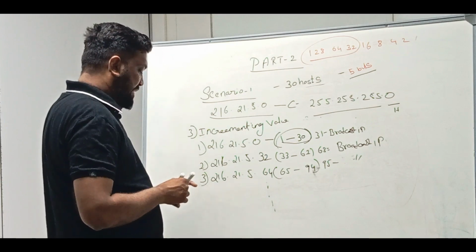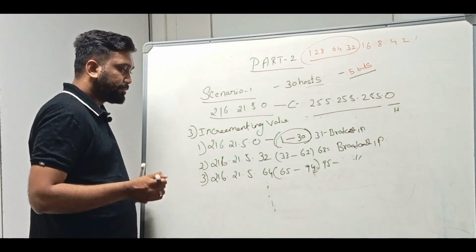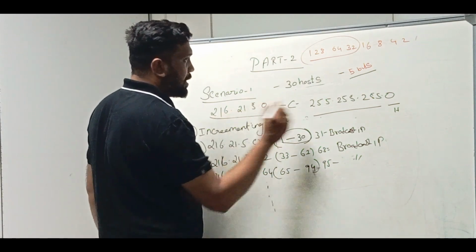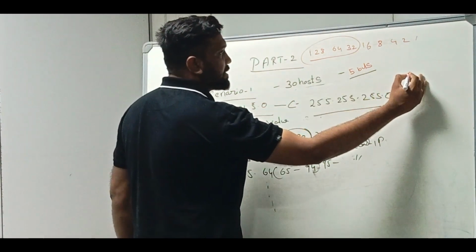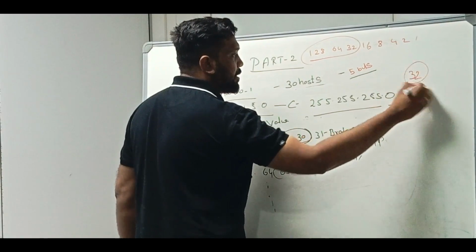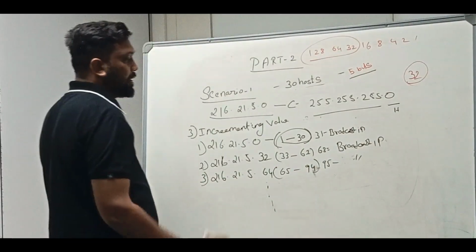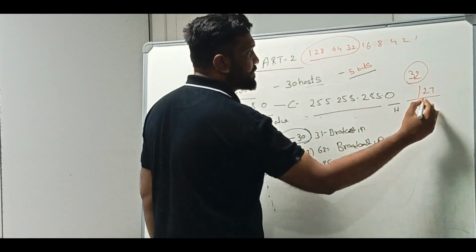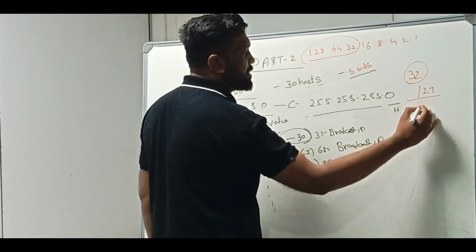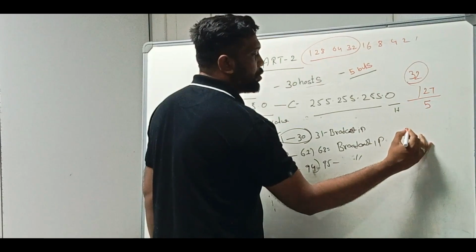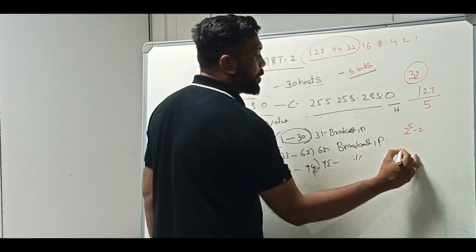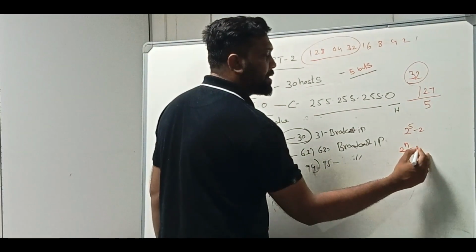So here is one more easy formula to identify it. How many hosts are there? In total, how many bits are in the IP? An IP is a 32-bit address, correct? In the 32-bit address, we are at /27. Then the remaining is 32 minus 27, which is 5. 2 power 5 minus 2. We can call this 2 power n minus 2.